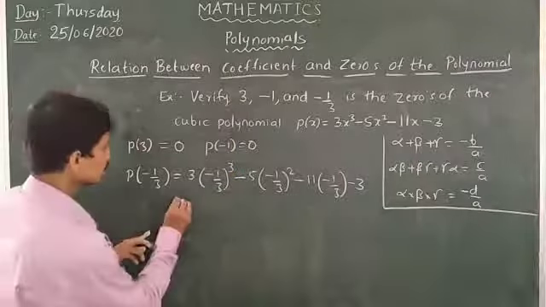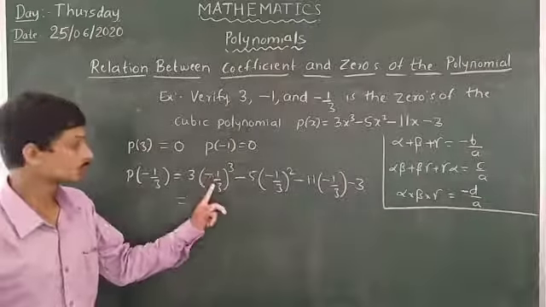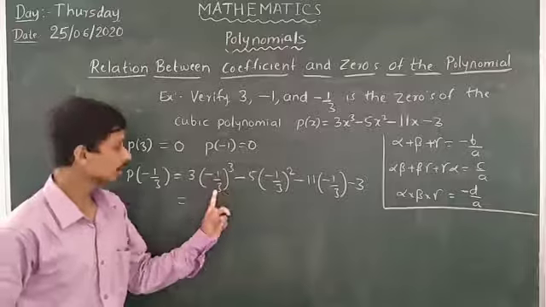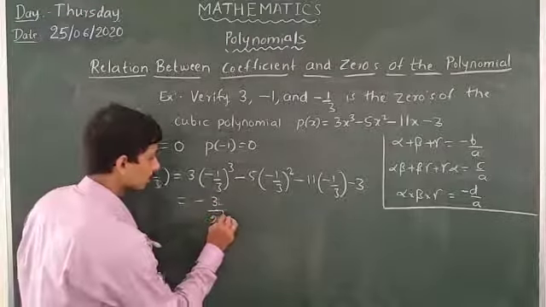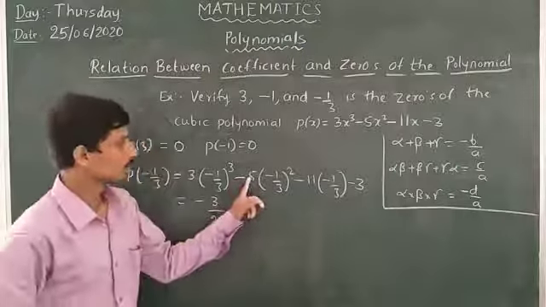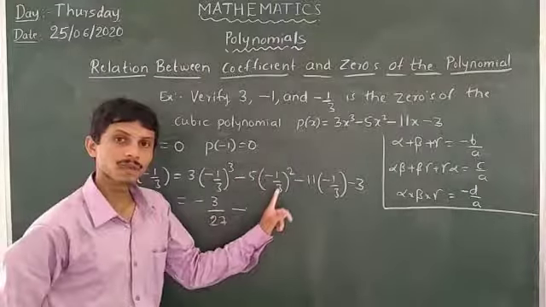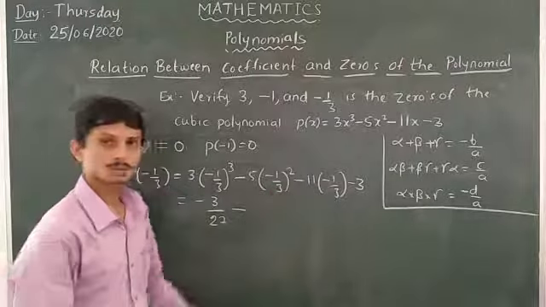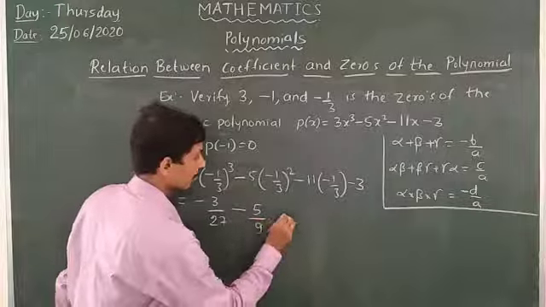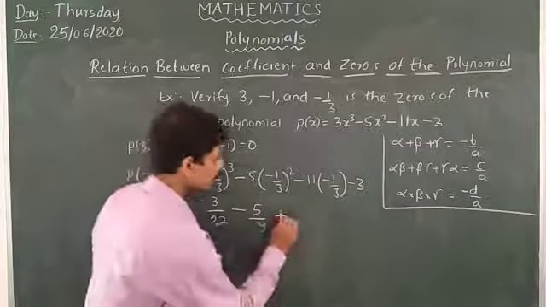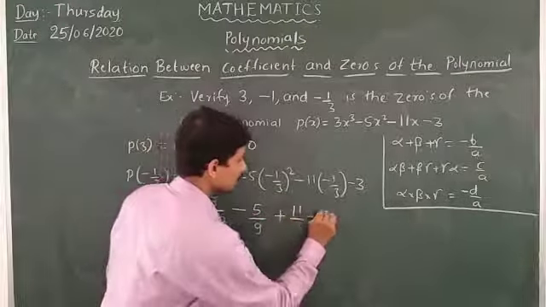Just cube this value. Minus 1 cube means minus 1, 3 cube means 27, so minus 3 by 27, minus 5 into 1 by 9, plus 11 by 3 minus 3.